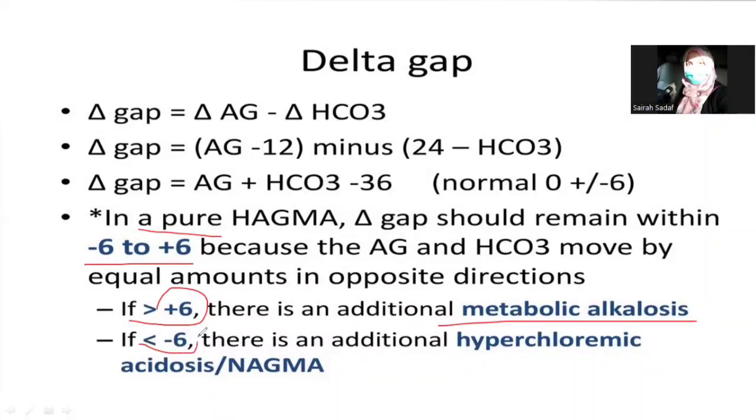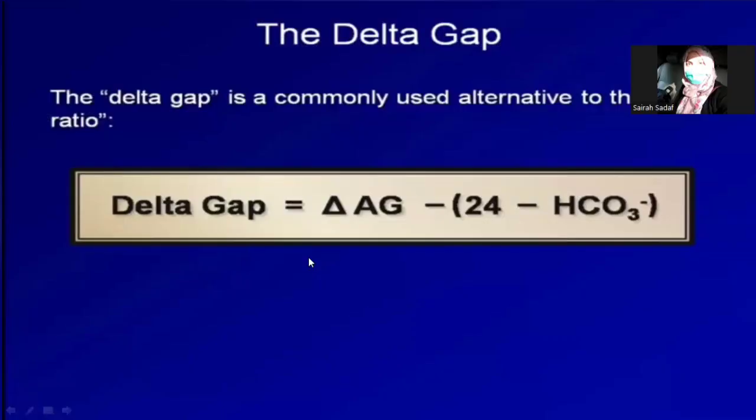And if the value is less than -6, it means the patient has HAGMA as well as NAGMA. So this is the formula of delta gap. You can use delta gap as well, but I usually prefer delta ratio because I am more used to it. It's all about your preference, but the results will be the same.